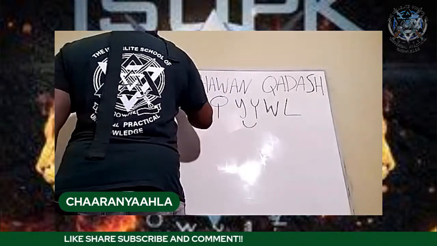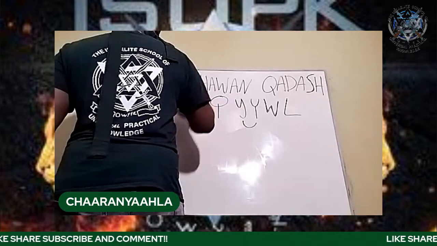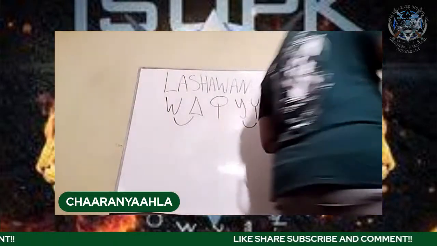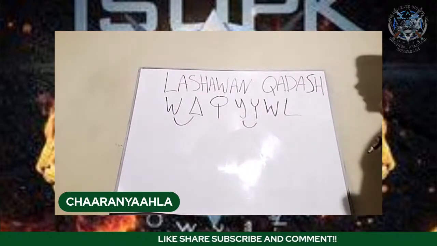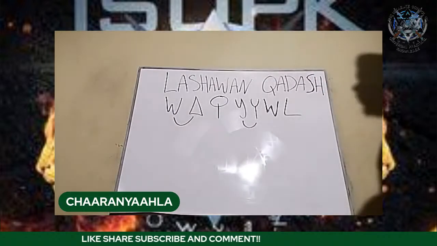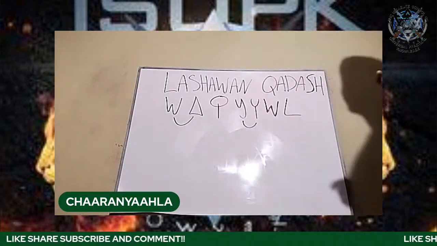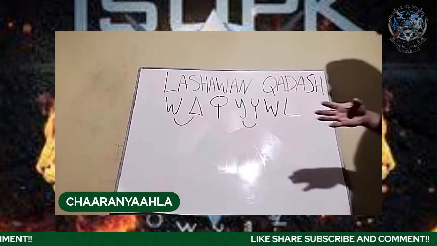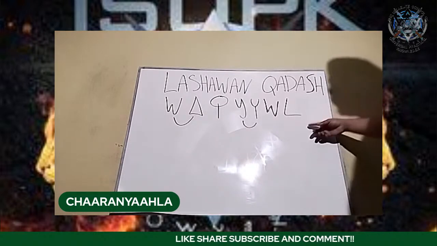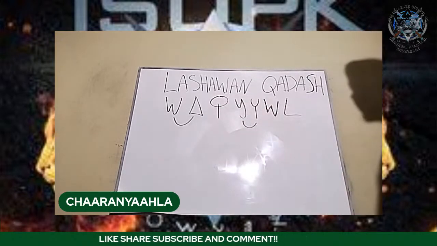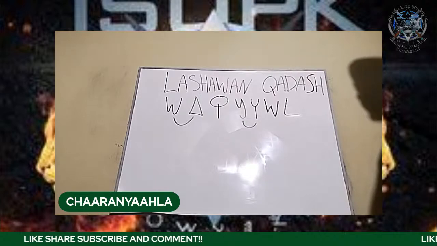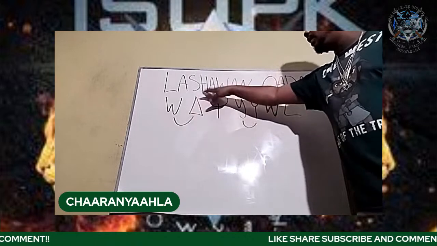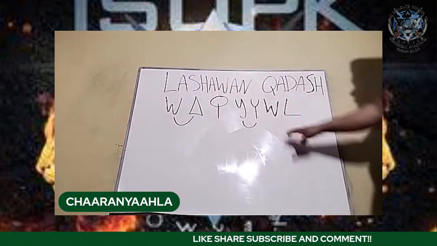Now, notice in English, we read words from left to right. You understand? In the holy tongue, or the Hebrew, we read things from right to left. You understand? So you see Qadash, this is Qadash over here. Lashawan, this is Lashawan over here.